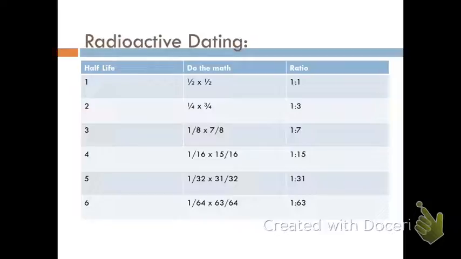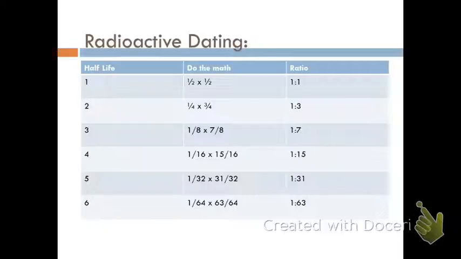And then notice the ratio matches what my numerators are. Then when the 3rd half-life passed, I've now got 1/8 radioactive and 7/8 stable. And another half-life passes. We're on half-life 4. Now it's 1/16 to 15/16 stable.